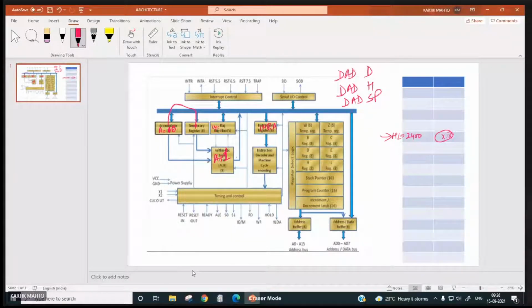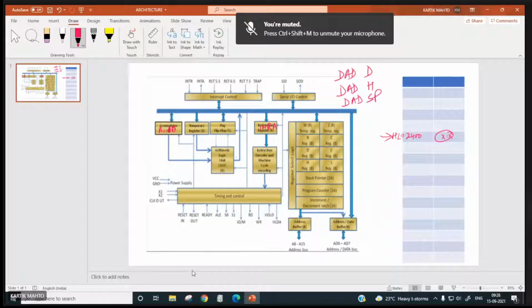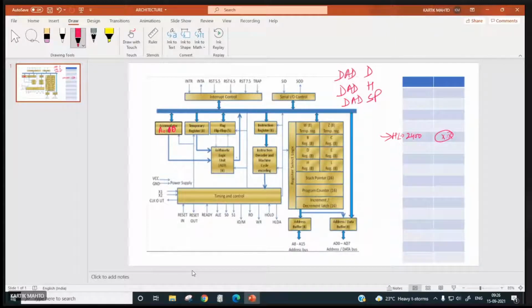Now suppose A equal to FFH. And we have the ADI 01H instruction over here. What exactly is it going to do? It is a 2-byte instruction. So it will be decoded, and then 01 will be fetched from memory and stored over here.